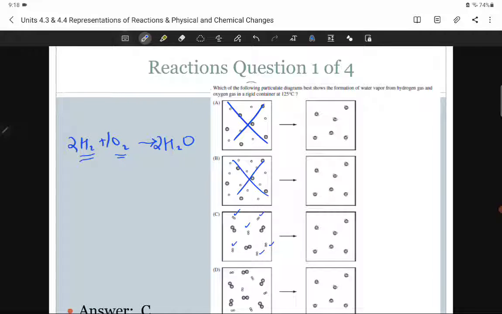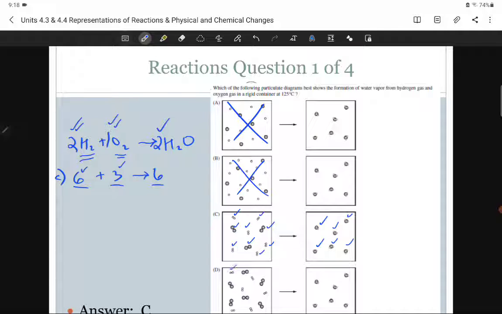I counted 6 of those for answer C. And we had 3 of the oxygen, which is in the same ratio as a 2-to-1. So as it looks right now, we like that. Let's see how many waters we made: 6. So 6 to 3 to 6 is the same thing as 2 to 1 to 2. If we go down to D, I don't think you're going to find that ratio.